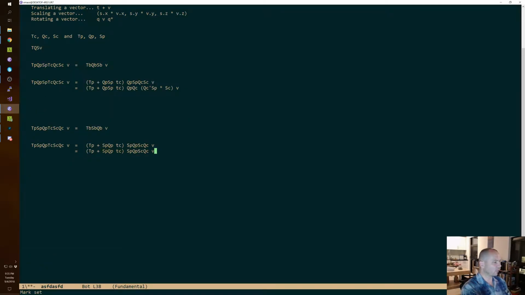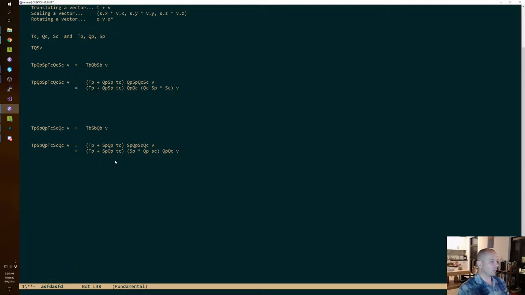Emacs, stop it. So then we want this scale to go there. So this is just SP times QP SC QP QC, right? So now again, we have our rotates, we have our scales, and we have our translates.